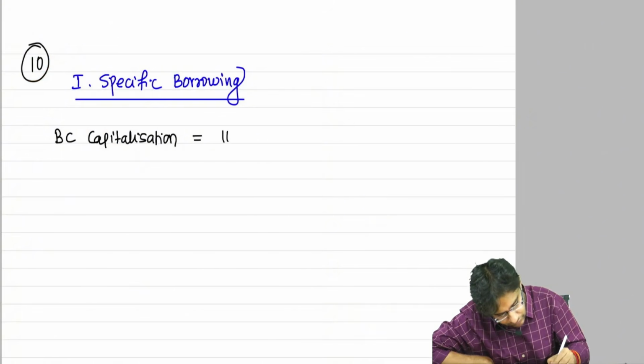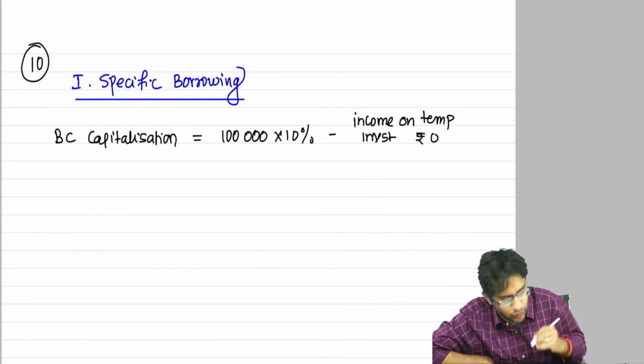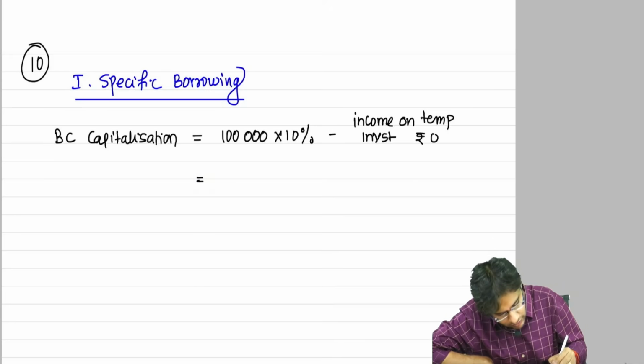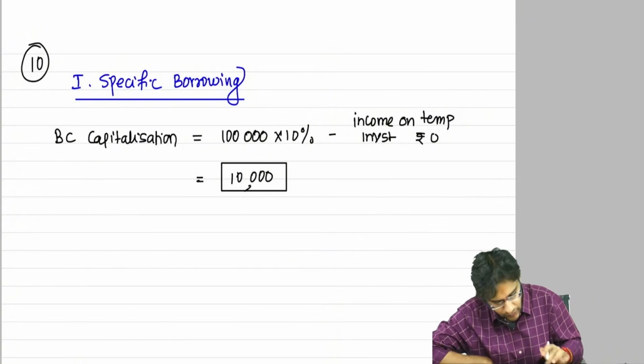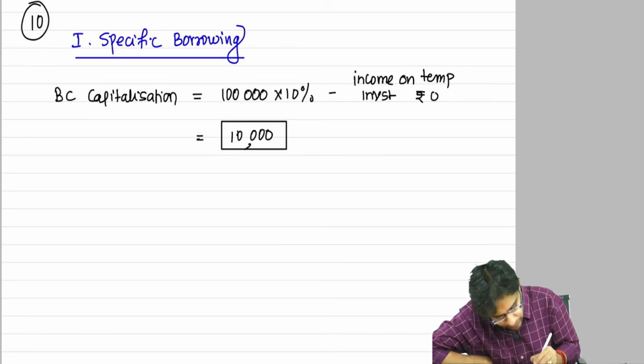So 1 lakh into 10% minus income on temporary investments, which is 0, not there. So entire 10,000 is capitalized. With this, the specific borrowing cost story is over. Let's come to general borrowings.